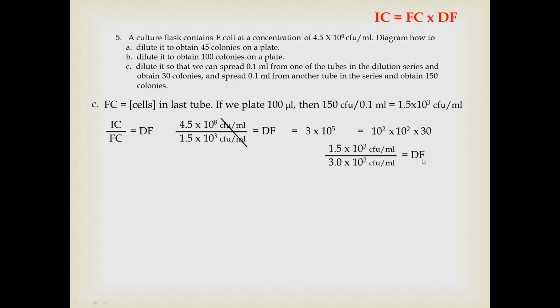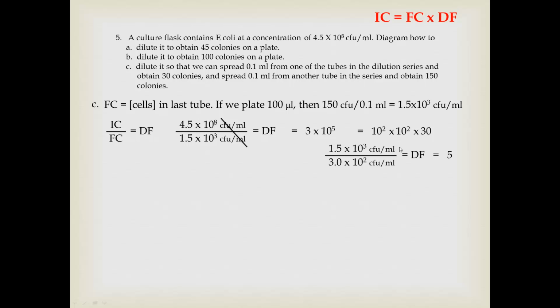That gives us our new DF. 1.5 times 10 to the 3 divided by 3.0 times 10 to the 2 is 5. And so we know that we need to do a 1 to 100 and a 1 to 100 and a 1 to 30 to make a tube that will give us 150 colonies, and then we need to do another 1 to 5 dilution to give us a tube that will give us 30 colonies.